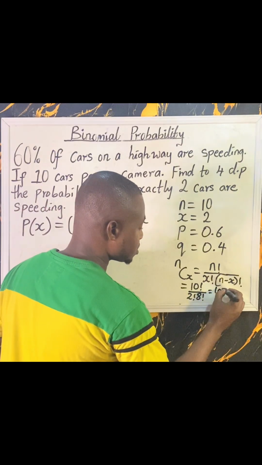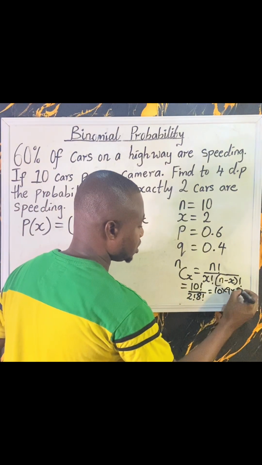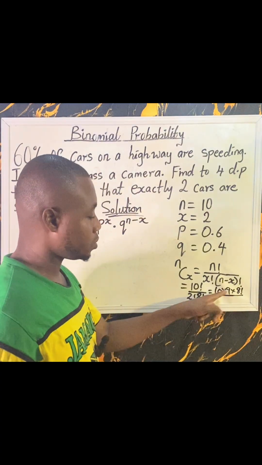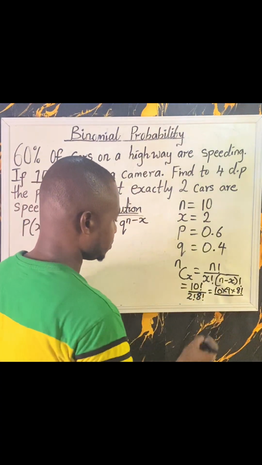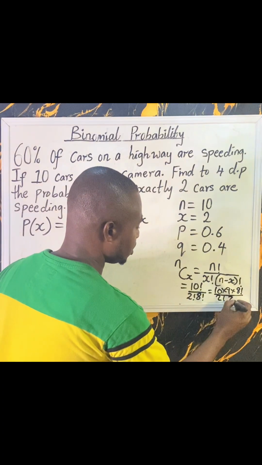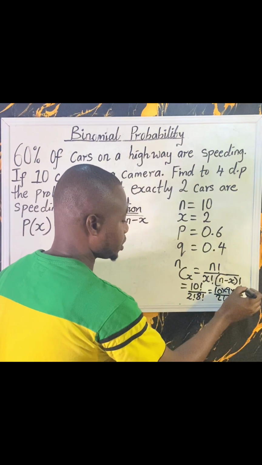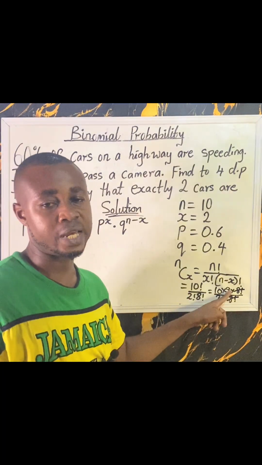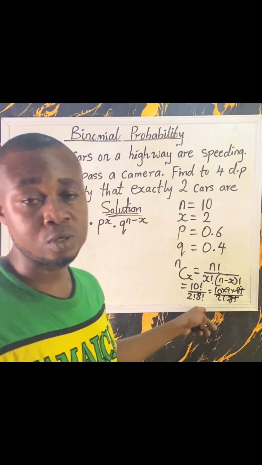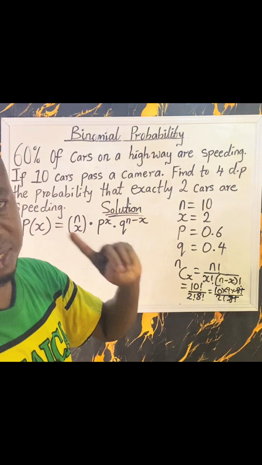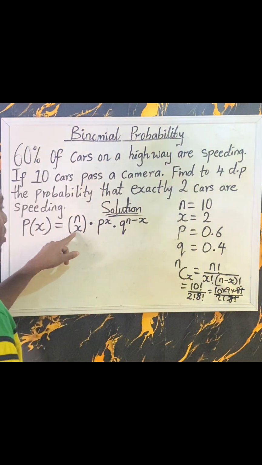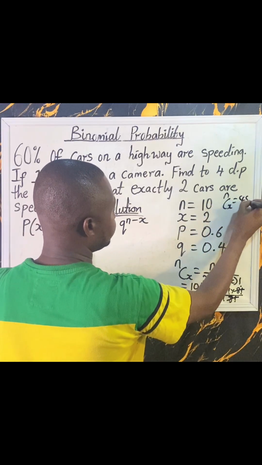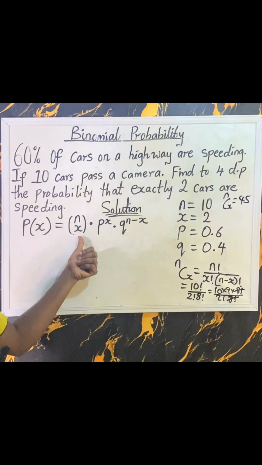So 8 factorial cancels 8 factorial. What do I have? 10 times 9, which is 90. Of course, 2 factorial is 2 times 1. So 90 divided by 2 is 45. So we can say that n combination x is 45. So this will be needed here.